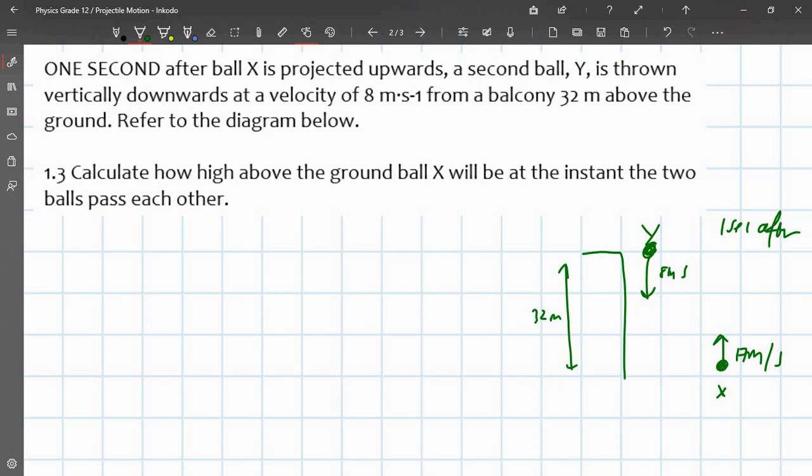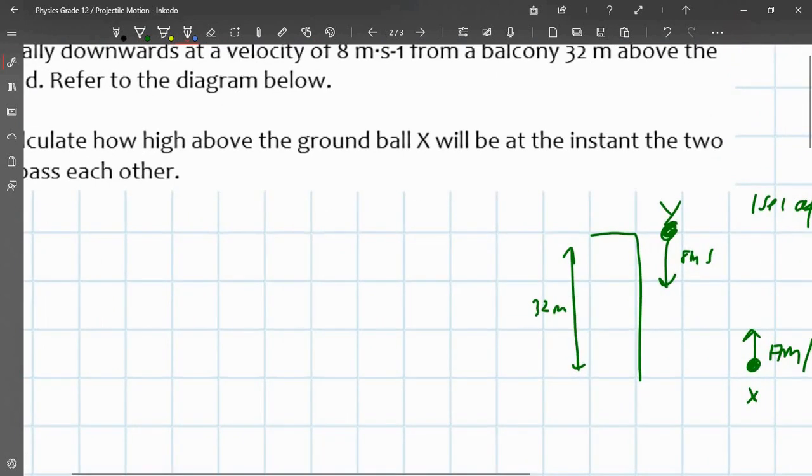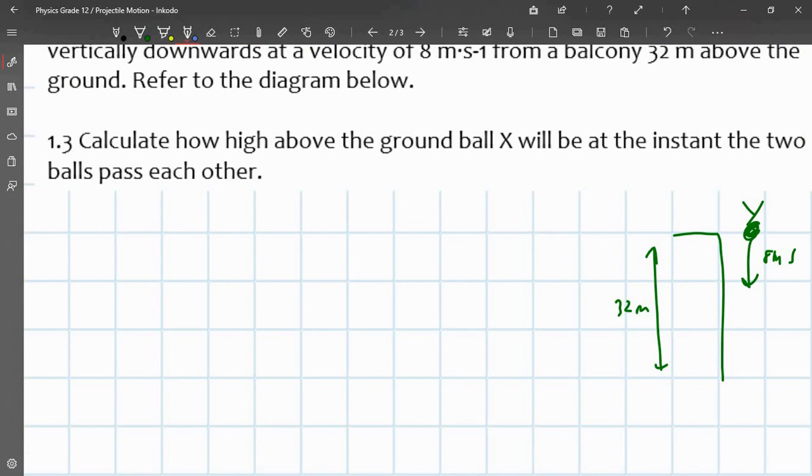Right, so let's figure out what we're given in this case. Just make this a little bit bigger for myself. Okay. So from the previous question, we know that the initial velocity of ball X is equal to 17 meters per second, as positive. Initial velocity of ball Y was equal to 8 meters per second negative.